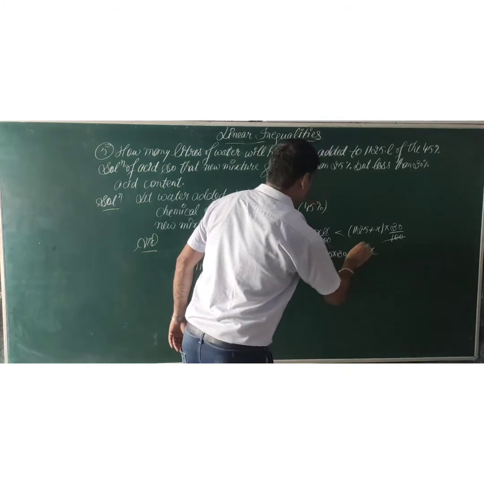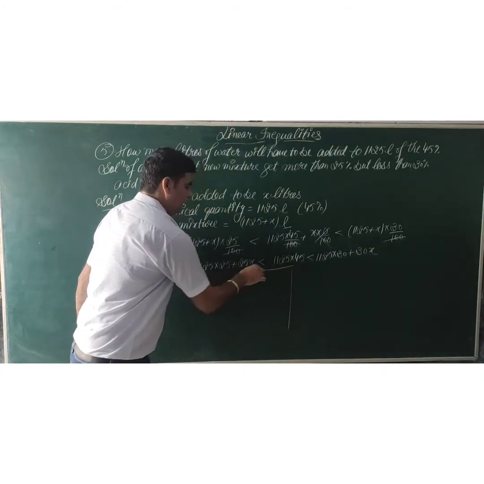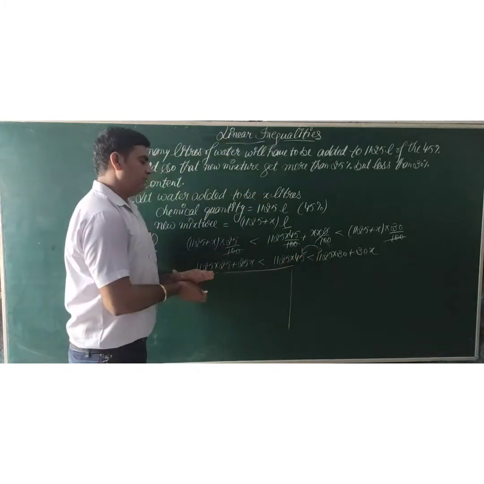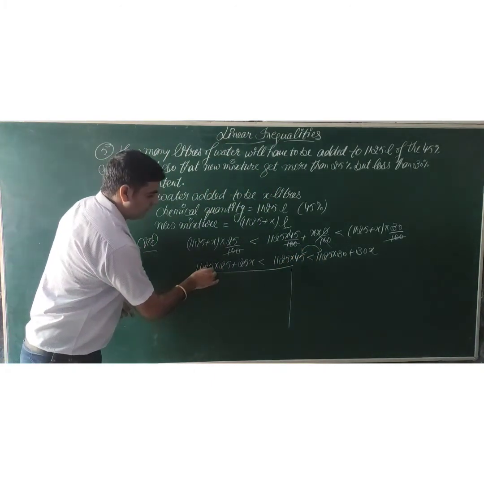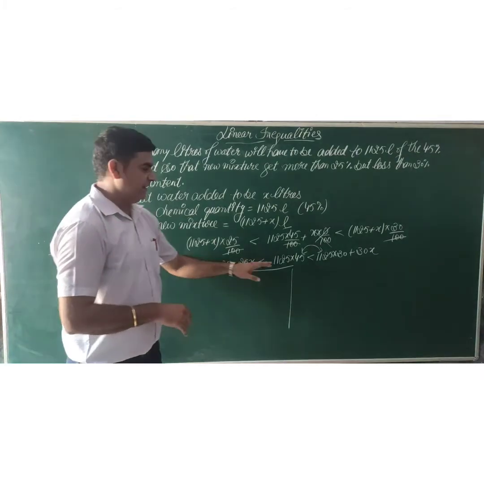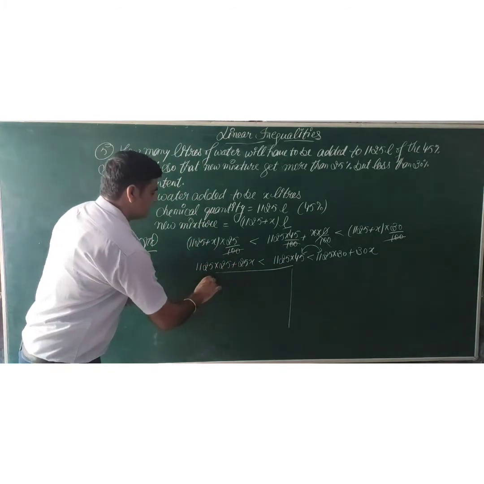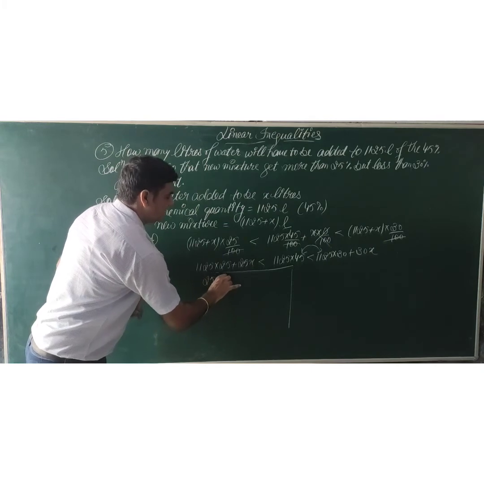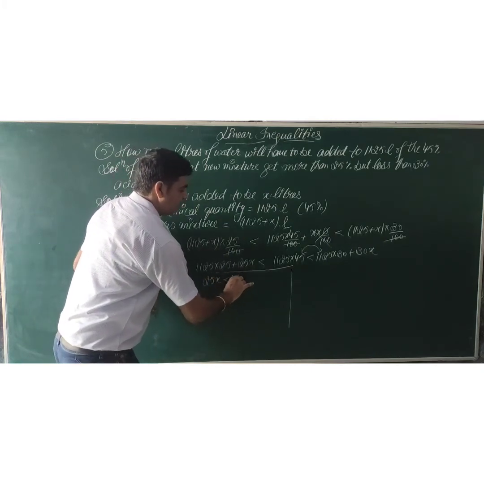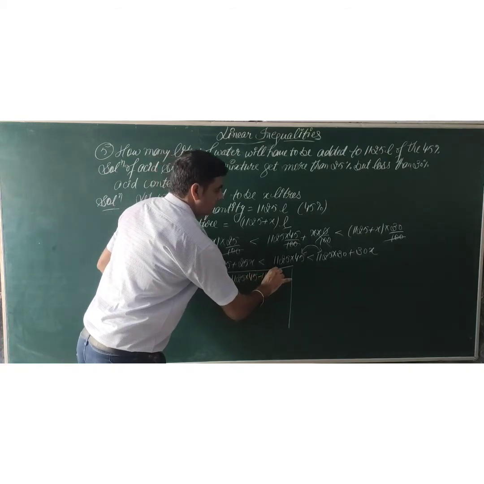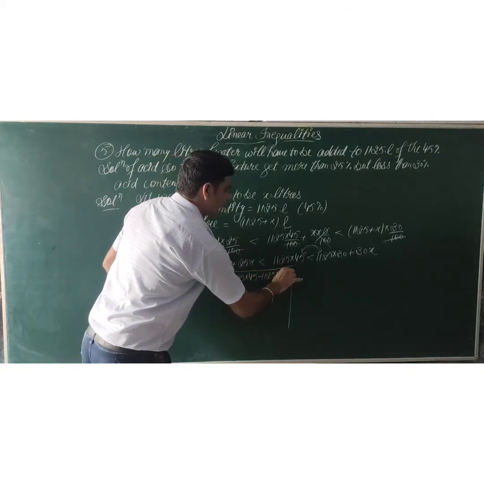Here there are two parts. We can make the first pair and the second. On the left side it is 1125 times 25, and on the right hand side it is 45. Shifting the x term to the right hand side, we get 25x should be less than 1125 times 45 minus 1125 times 25.